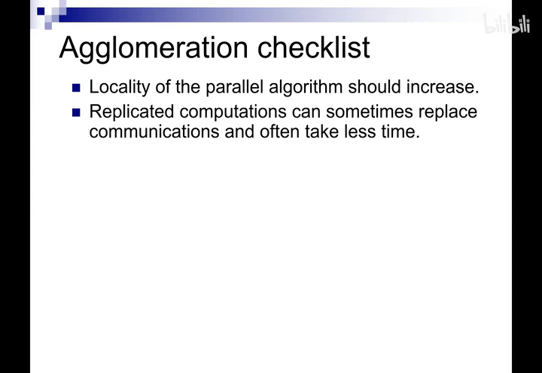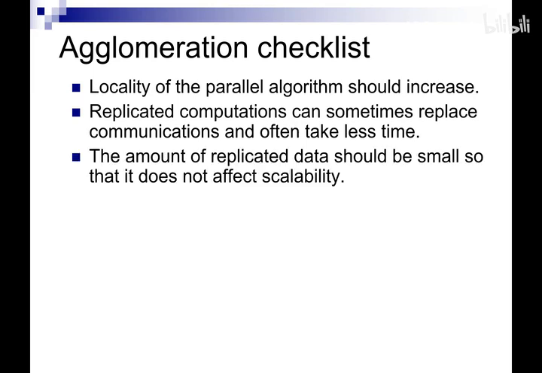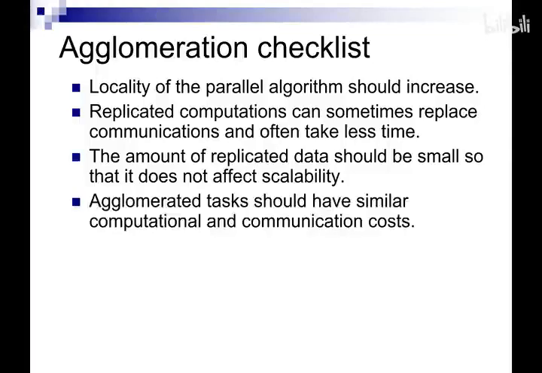Yeah, and then this is again what we talked about earlier, which is that sometimes you might want to replace communication by doing some extra computation. Okay, so of course you don't want to do too much of that, so you have to be somewhat careful about that. And you can also replicate the data to reduce communication, right? But again, you don't want to do too much of that either.